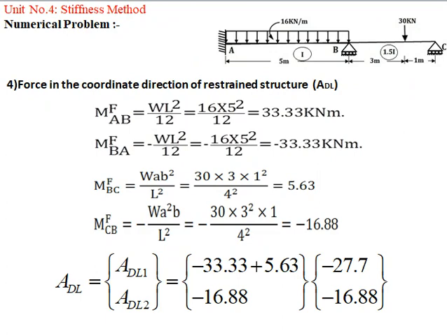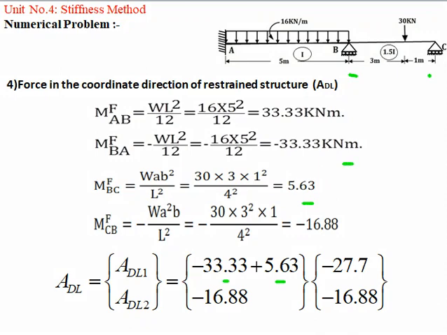Then we calculated the coordinate forces in the coordinate direction of the restrained structure. From that we found ADL1 and ADL2. So at theta B and theta C, there are minus 33.33 and plus 5.63 acting when we consider the structure as restrained.